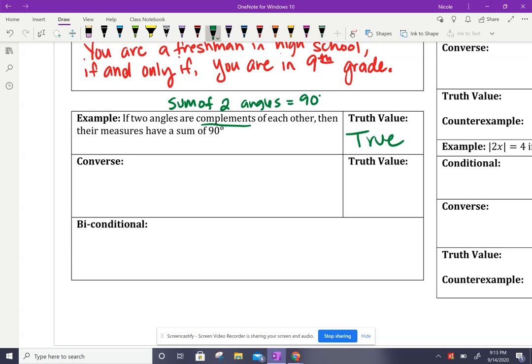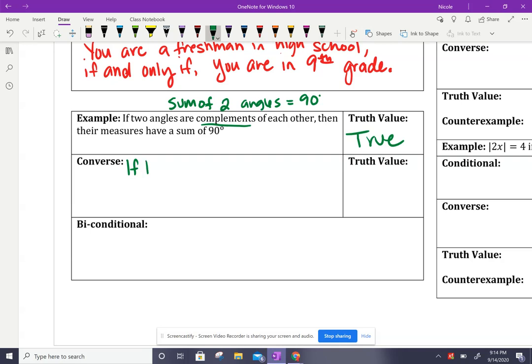Now the converse, we're going to switch the places. If, and with these, you're not going to just say if their measures have a sum. That doesn't make sense. You're going to include the two angles.